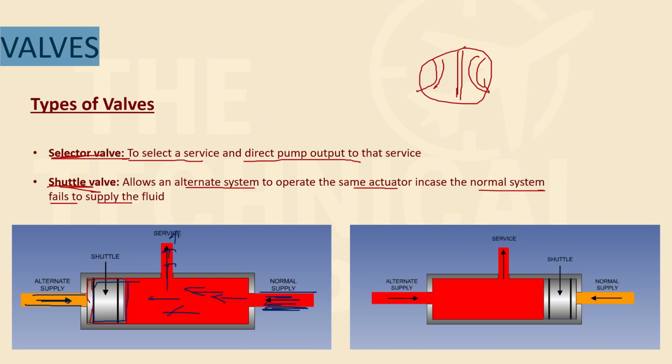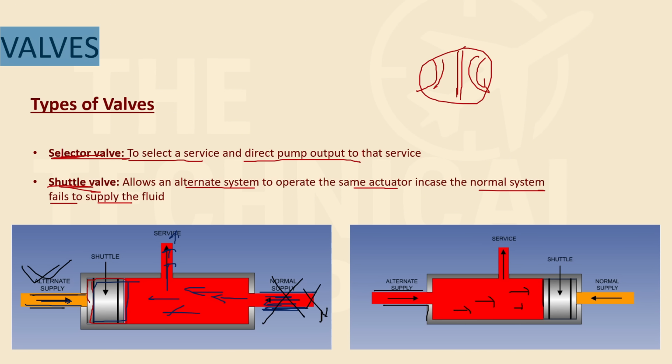Now, in case the normal system fails to supply fluid for any reason, maybe there is a leak somewhere here or the reservoir is empty, the alternate system, this particular part, will supply the fluid. In this particular case, the alternate system is supplying the fluid and it has moved the shuttle to the right hand side.